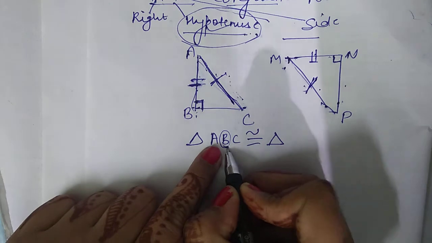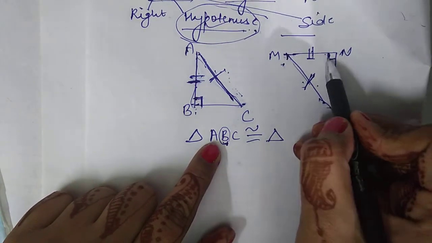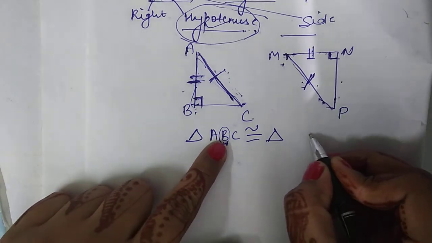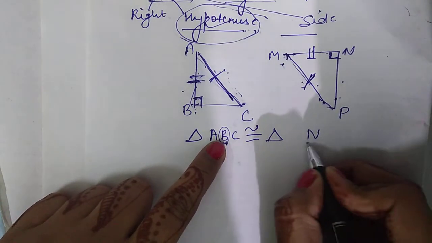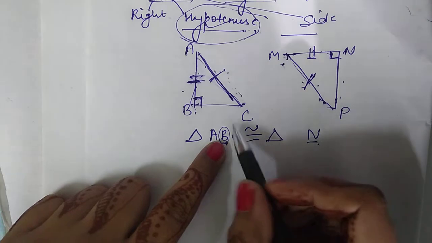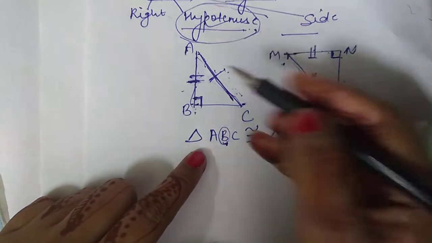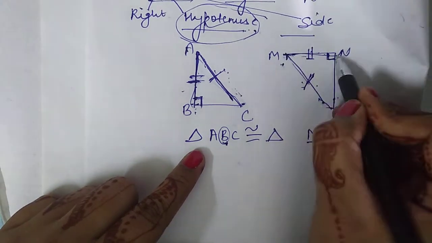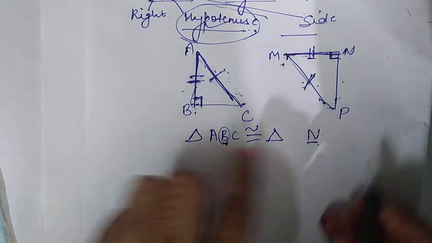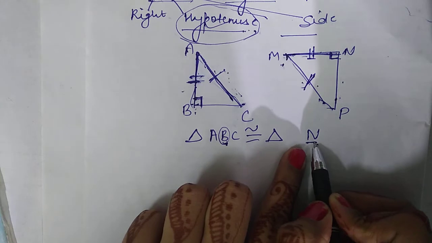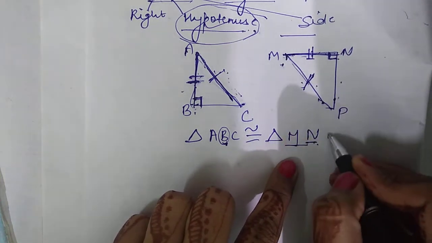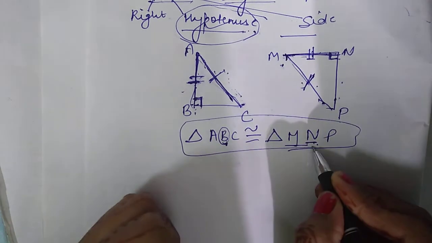B is present at the second position, so at second we must have N, because both the angles are equal. So N is at the second position. Now which side? I am taking AB. AB is equal to MN. N is already there, so there must be M at the first position, and which one is left? P. So this is the symbolic form.